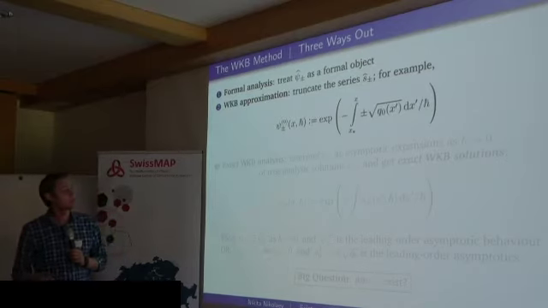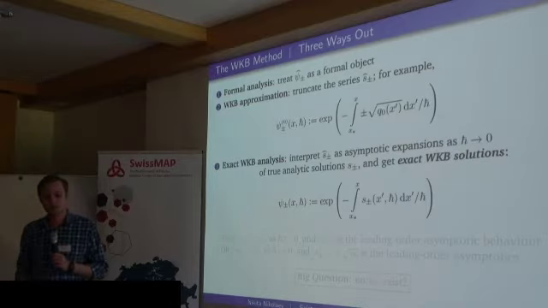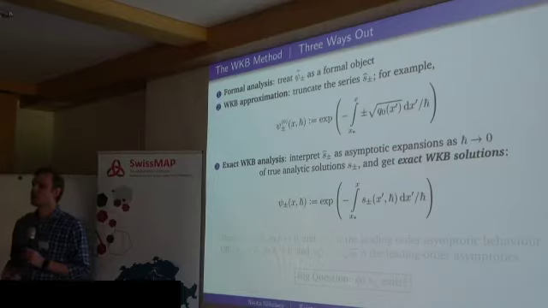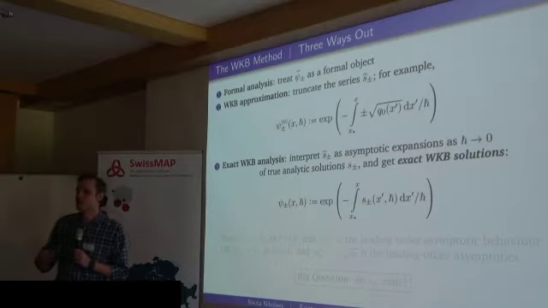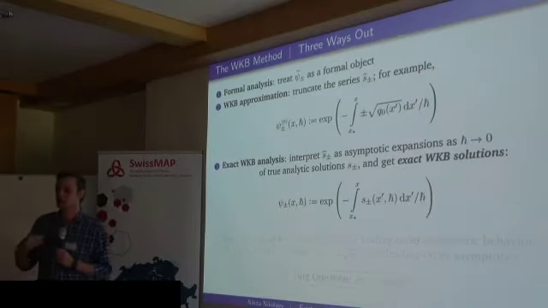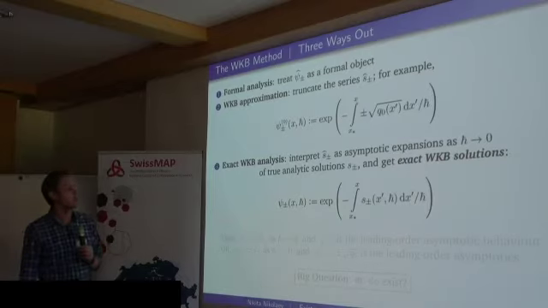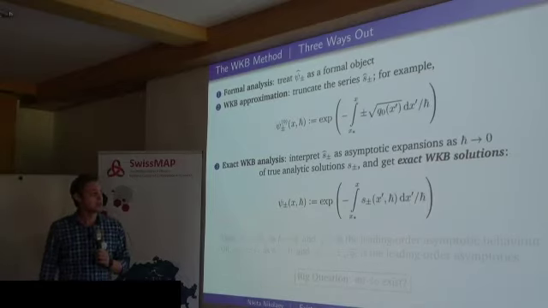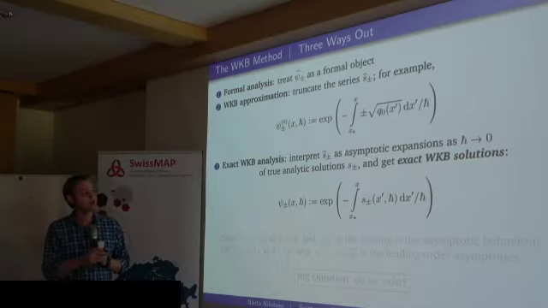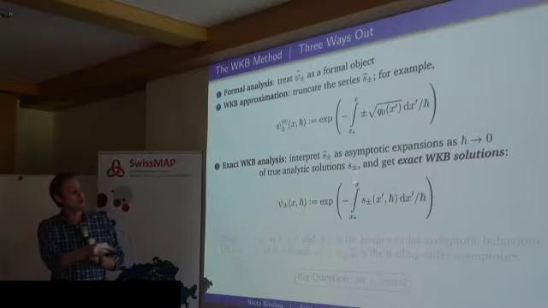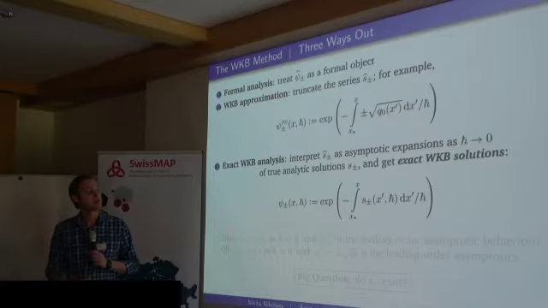So this is the business of exact WKB analysis, which is how you can promote these formal WKB solutions to actual analytic objects that have some analytic behavior in the ħ plane. The idea is this: you take these power series S hat and you interpret them as asymptotic power series of actual solutions S plus minus without the hat.